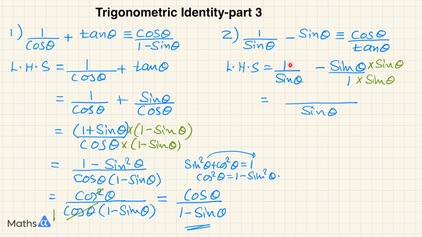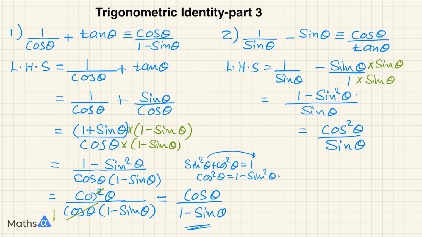We have 1 minus sin squared theta here, which we can replace with cos squared theta. So we have cos squared theta over sin theta, right?